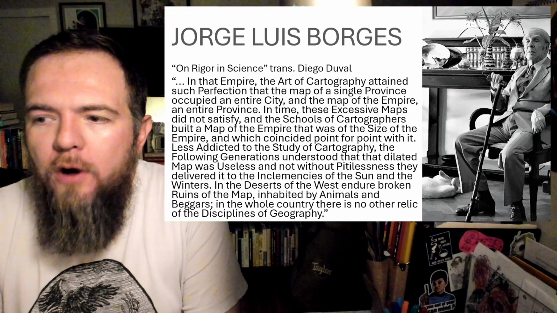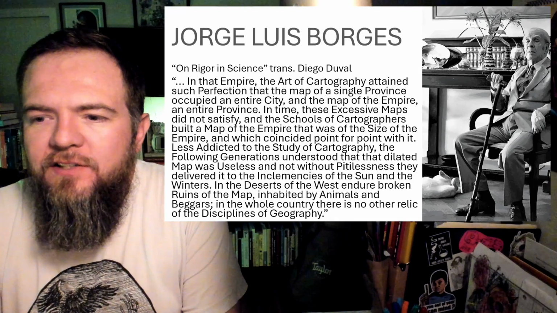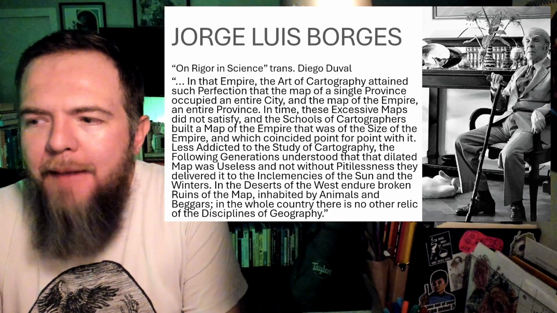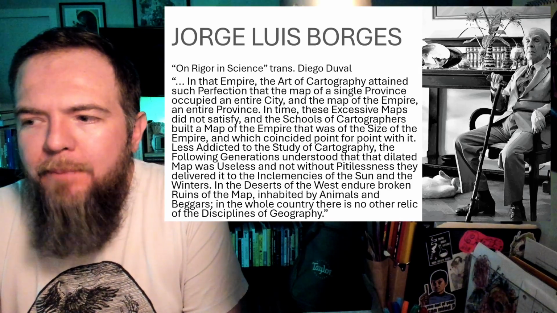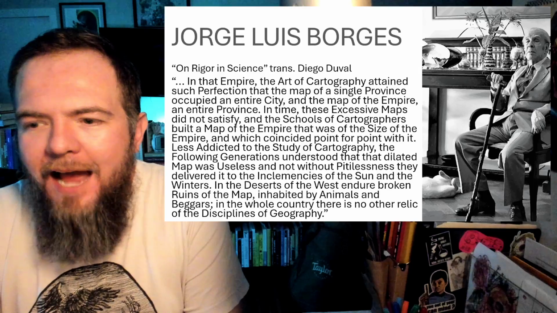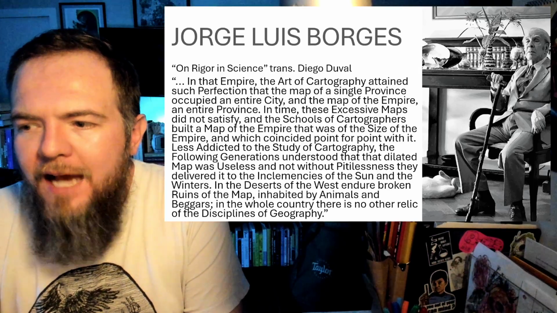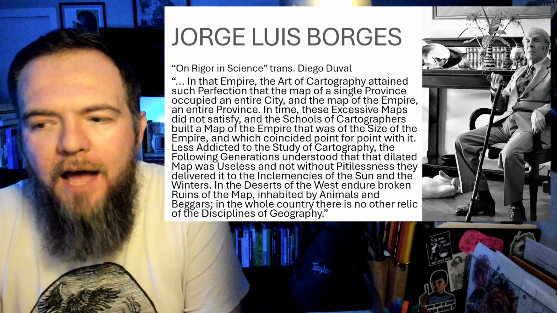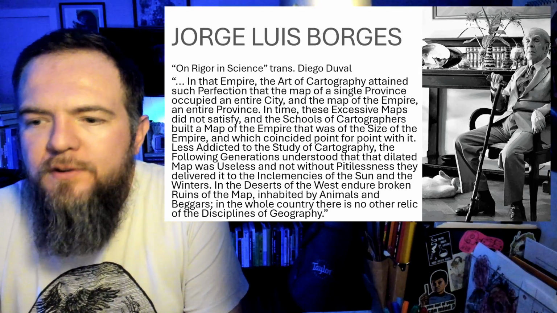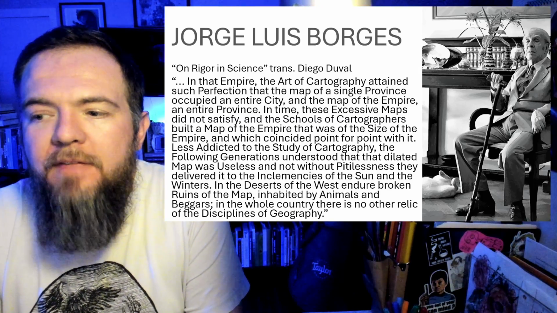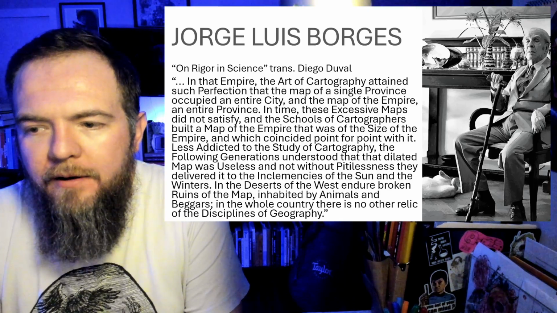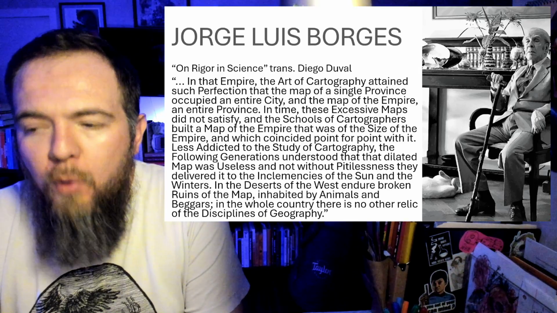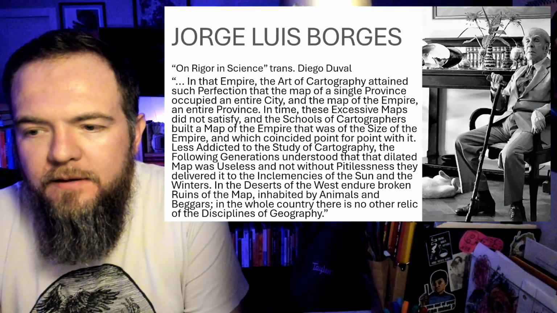In that empire, the art of cartography attained such perfection that the map of a single province occupied an entire city, and the map of the empire an entire province. In time, these excessive maps did not satisfy, and the schools of cartographers built a map of the empire that was of the size of the empire, and which coincided point for point with it.